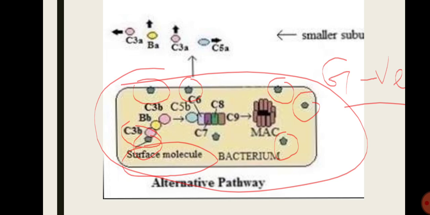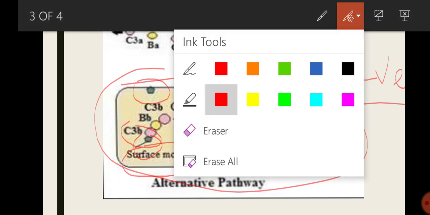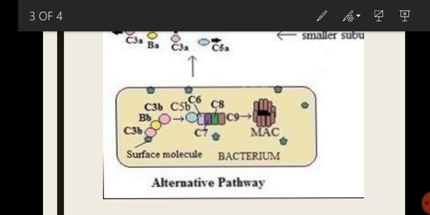Then we have the, yeah, let me explain from this diagram. We had endotoxin there with which C3b bounded and its apple went away.